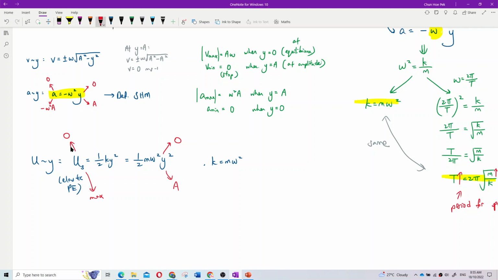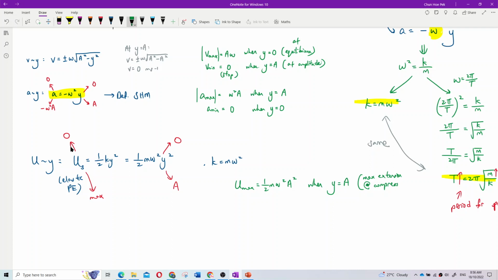So write it down. Let me write it down beside here. It takes a little bit of time, but it's worth it as long as you understand. So potential energy is maximum, which is half m omega squared a squared, when the displacement is at amplitude, maximum extension or compression.